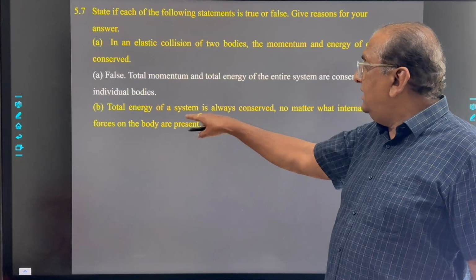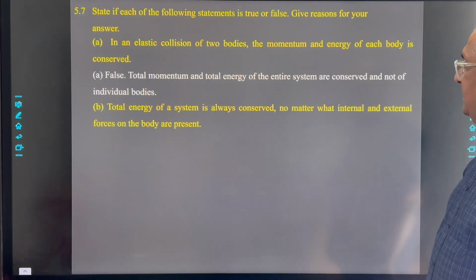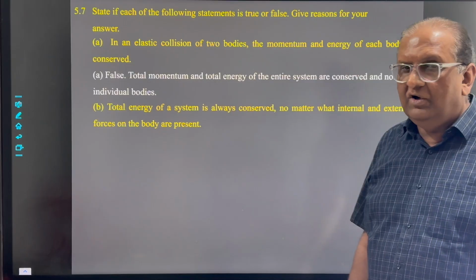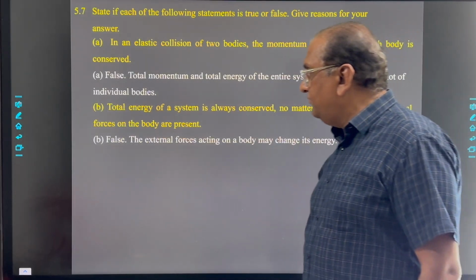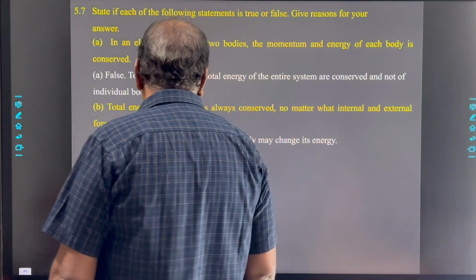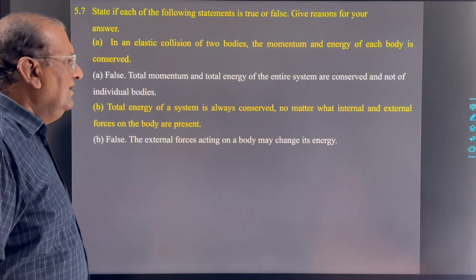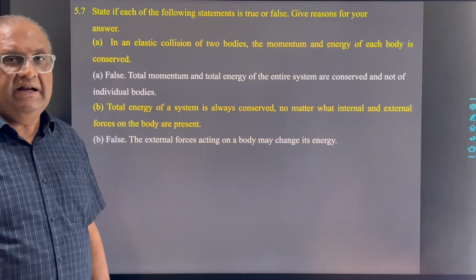B. Total energy of a system is always conserved no matter what internal and external forces on the body are present. False, right? When external forces are there, then in some cases the external force may change its energy.